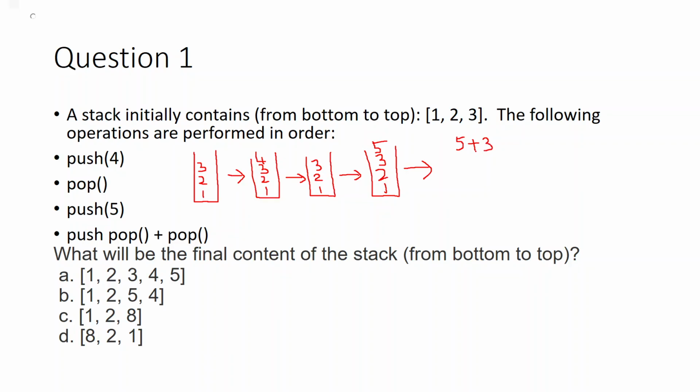So after popping 2 elements, 5 plus 3, what do we get? 8. Then the element 8 needs to be pushed onto the stack. So after executing the last operation, the stack looks like this: 1, 2, 8. So the final content of the stack is 1, 2, 8.